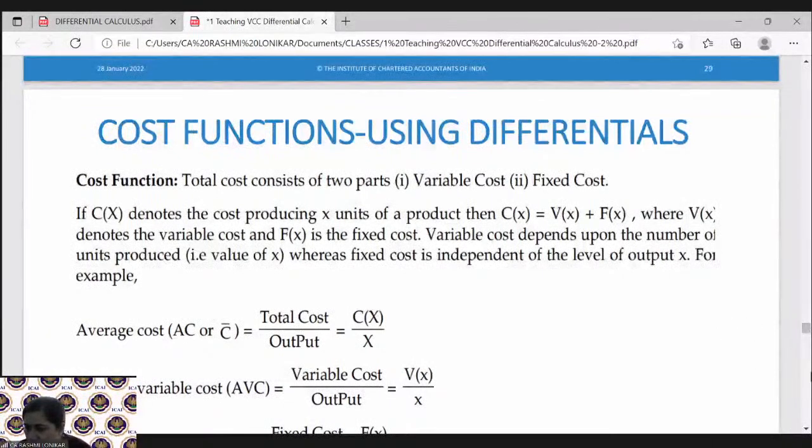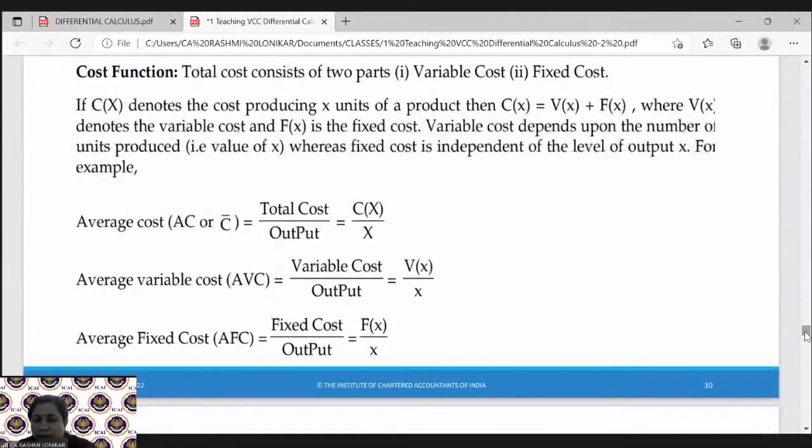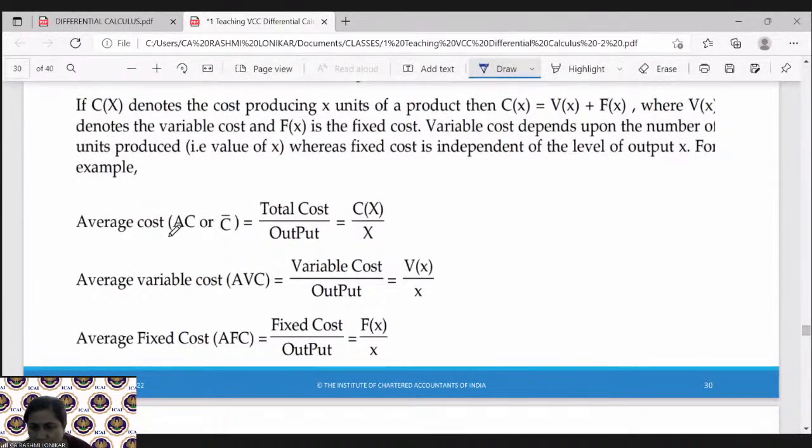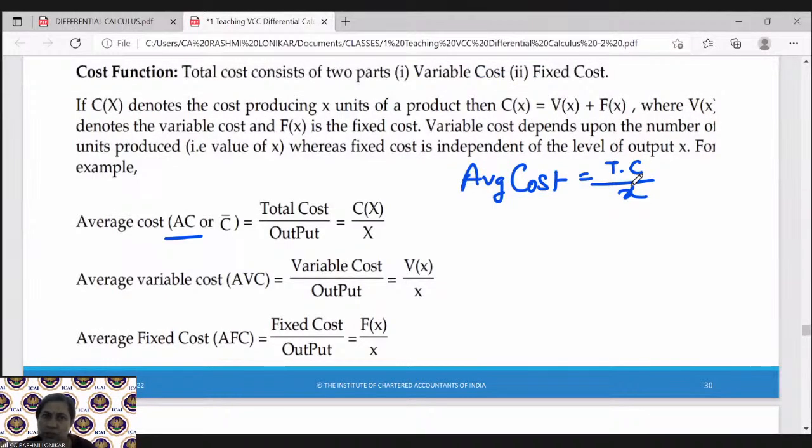Here, as you can see, I have average cost, which is total cost upon X. So they will give you a cost function. All you need to do is take the cost function divided by X, and you will get the average cost.